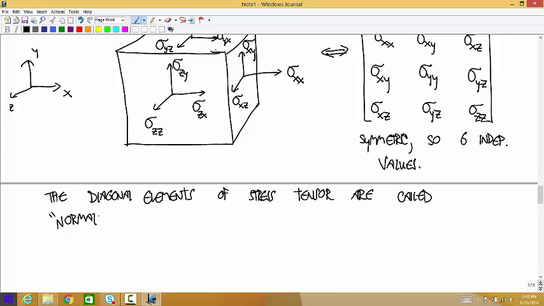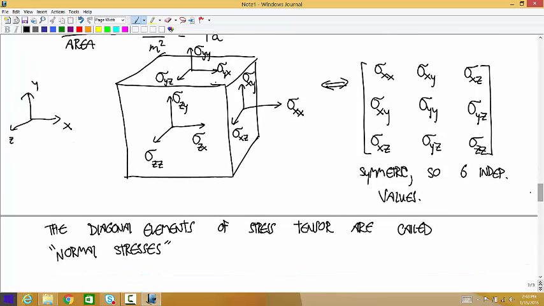Look at that stress element and look at where the diagonal elements are on it and see if you can make sense of why these are called the normal stresses. The diagonal elements are this one coming out of the x face, this one coming out of the y face, and this one coming out of the z face.